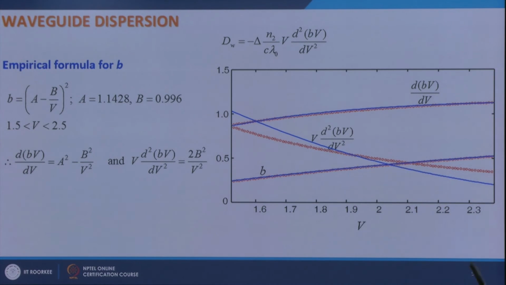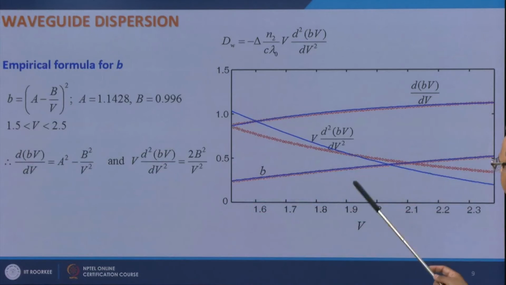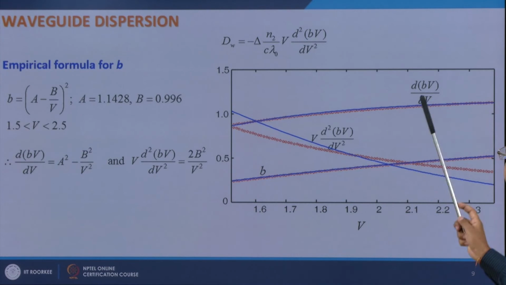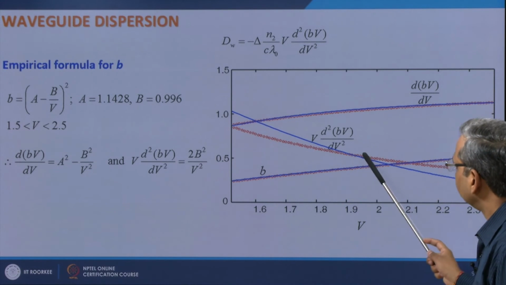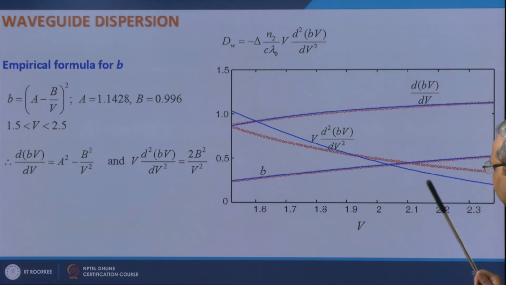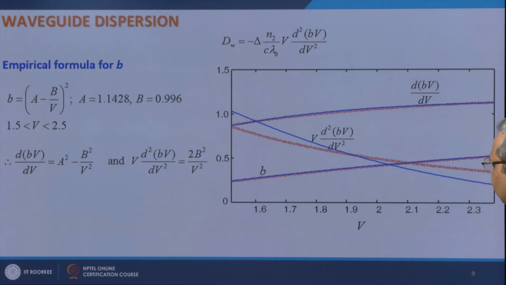What I see is that the variation of b fits well, the variation of dB over dV also fits quite well, but this term deviates quite a lot, except at a particular value of V which is close to 1.9.